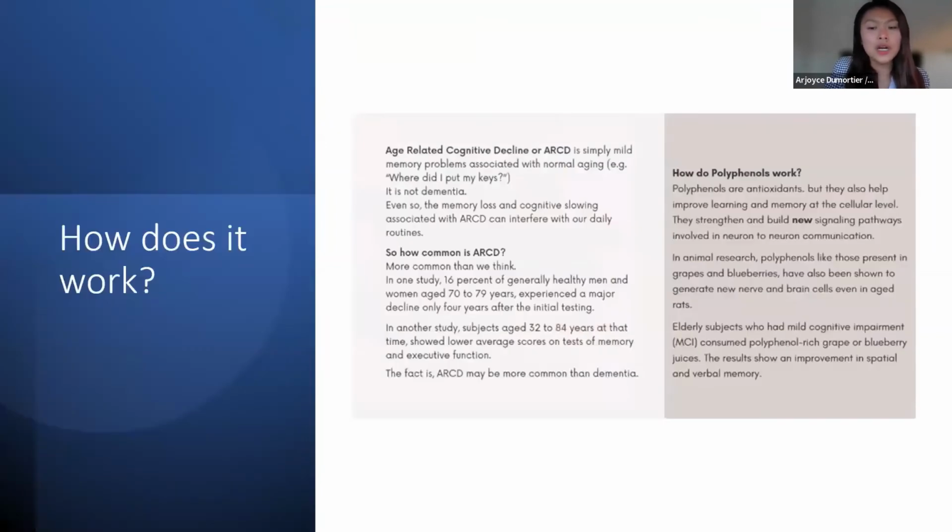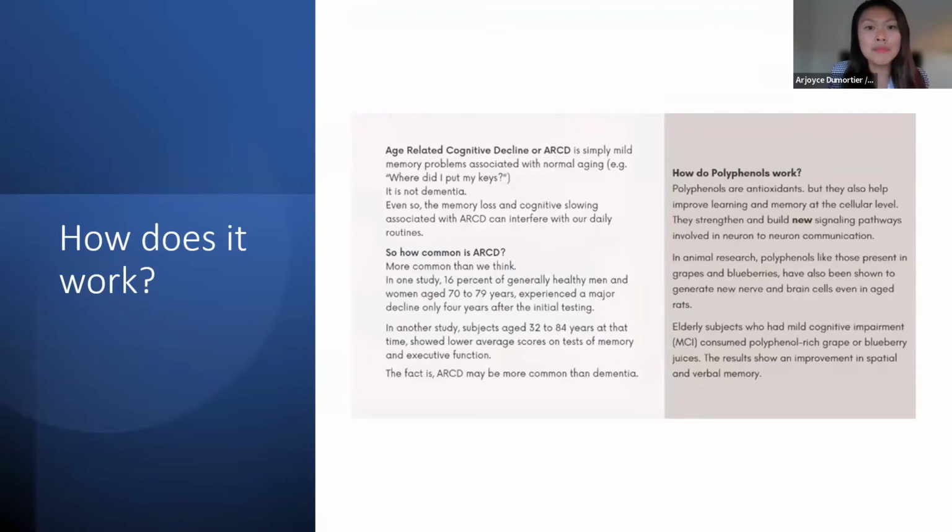How does it work? Sometimes when we say, I forgot this, I forgot that, we immediately say, oh, we are having dementia, or we are sick, we have some problems with our memory and so on, but this is actually age related. This is what we call age related cognitive decline, or ARCD.